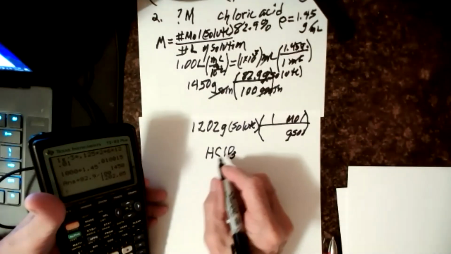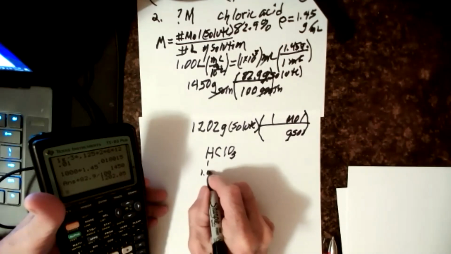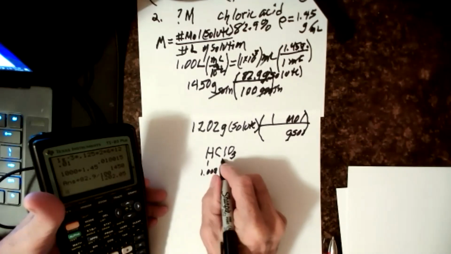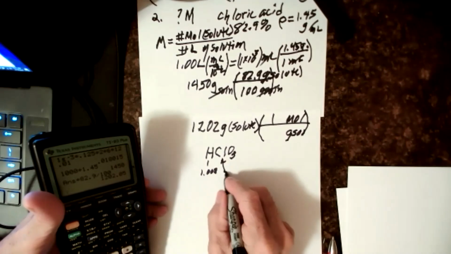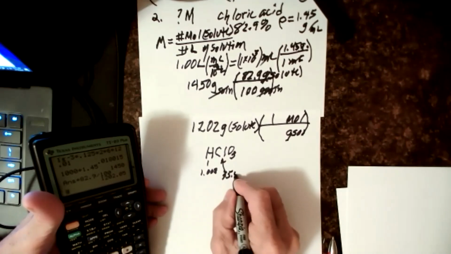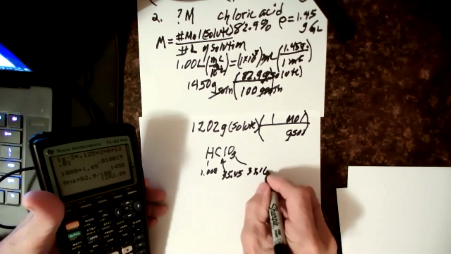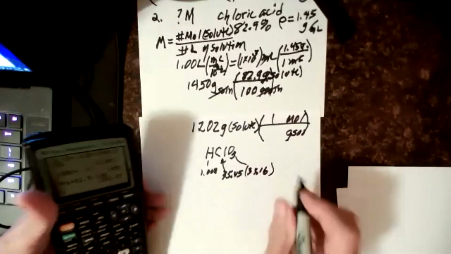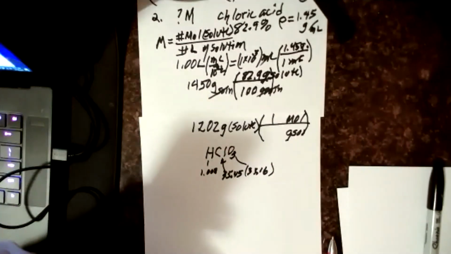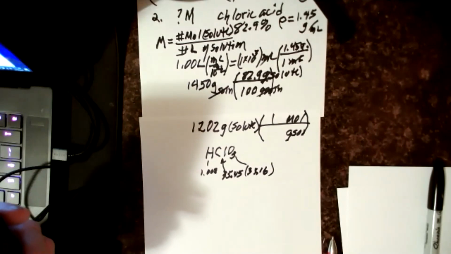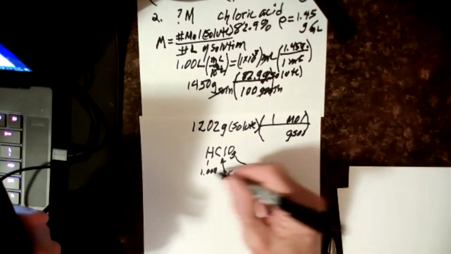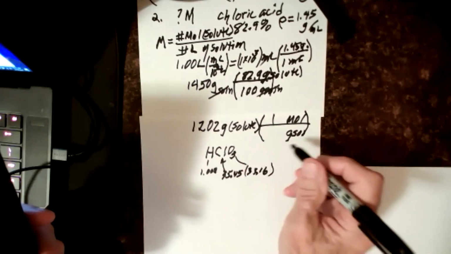It's got 1 hydrogen, that's 1.008, 1 chlorine is 35.45 something, and 3 oxygens is 3 times 16.00. So my molar mass is the sum of all of these weights.